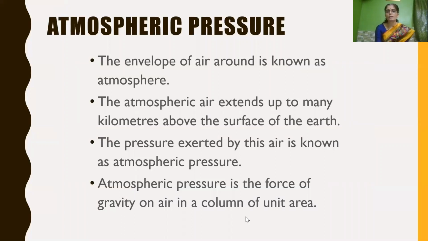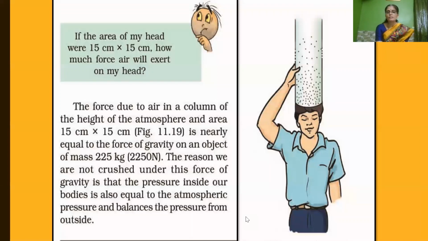Gravitational force acting on a unit area of a column of air is called atmospheric pressure. And this you should know: even though our head has an area of about 15 into 15 centimeters, we don't feel that air exerts pressure on our head.